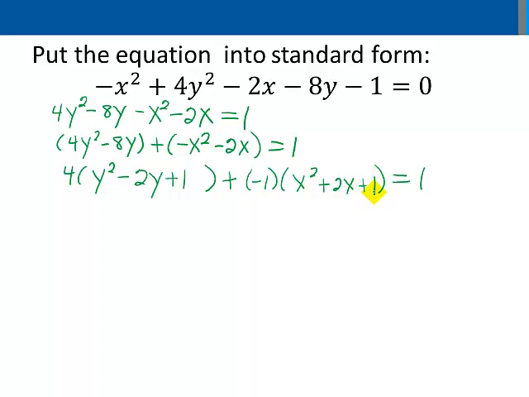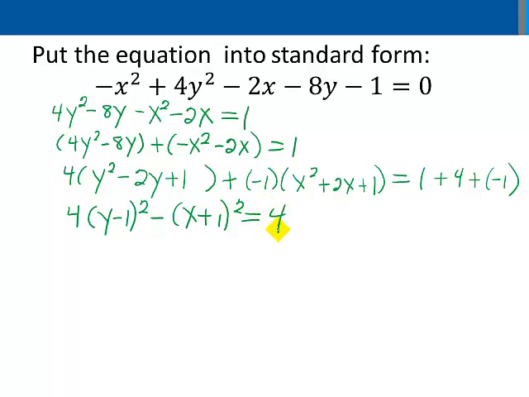But remember, if I add 1 on the left side, I'll need to do the same on the right side. I'm actually adding 4 here, 4 times 1. I will need to add 4 on the right side, and I'm actually adding negative 1 on the left side for the x terms, and so I'll need to add a negative 1 on the right side as well. We then will have 4 times (y minus 1) squared minus (x plus 1) squared equals 4.